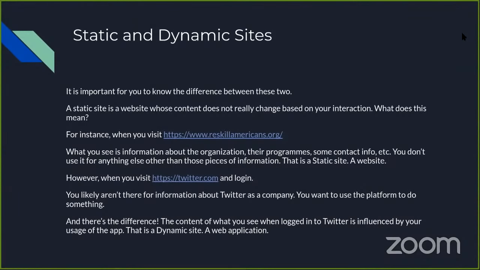So those differences begin to occur when you are working as a backend developer. You will basically be working on dynamic sites, things that require data exchanges between the front end and the back end.